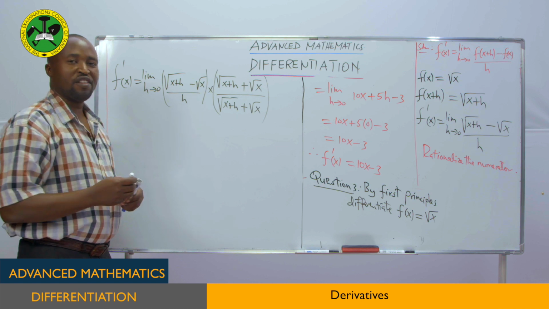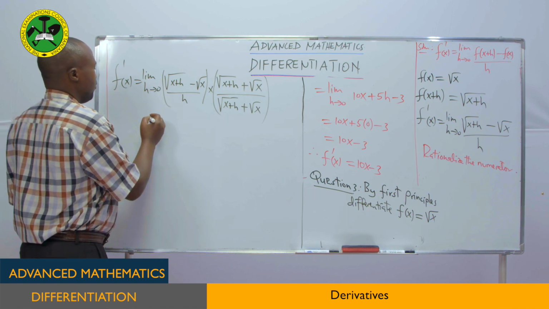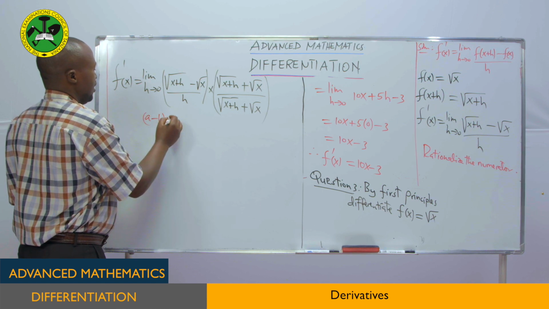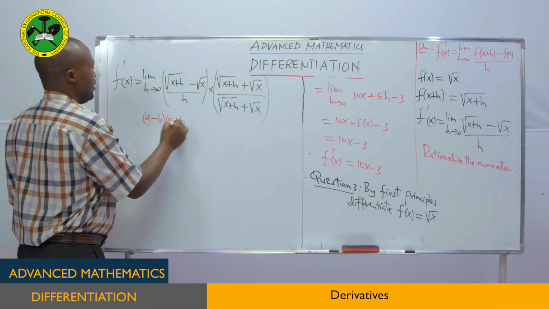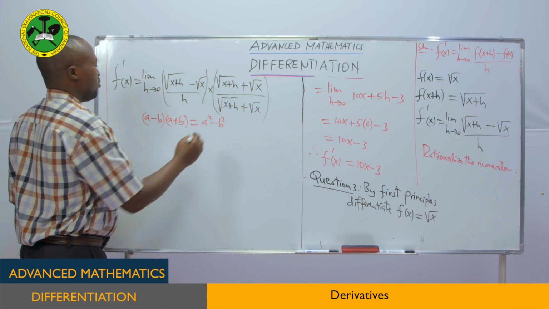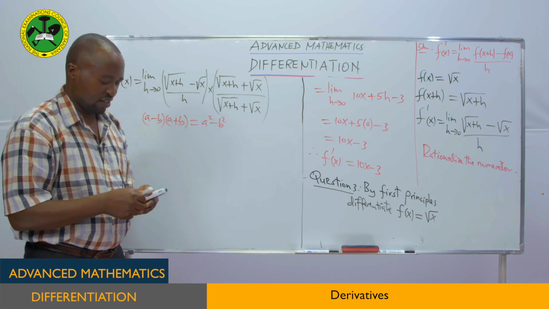So you remember the concept of difference of two squares. So when we have a minus b and a plus b, this one is equal to a squared minus b squared. That is the concept of difference of two squares.